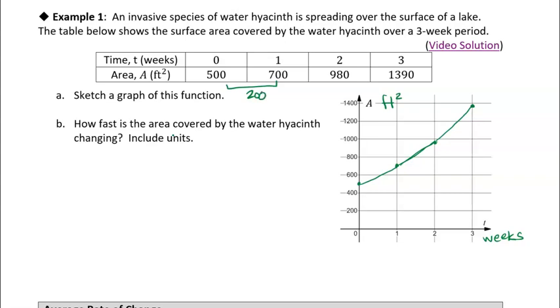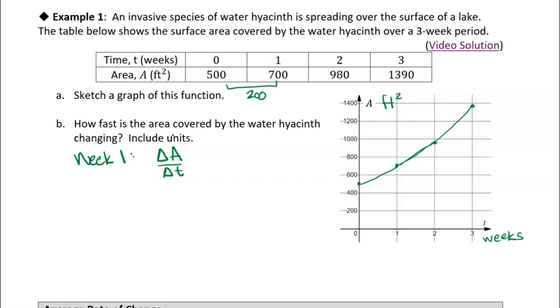So I could say that on week 1, we had a change in area. Change in area we can denote with a Greek letter delta. This triangle is a delta. So we read this as delta A. That's the change in the area over the change in time. It's supposed to look like a triangle.